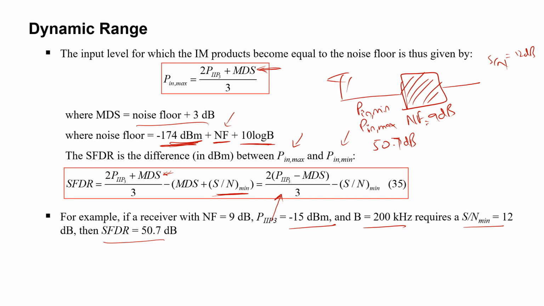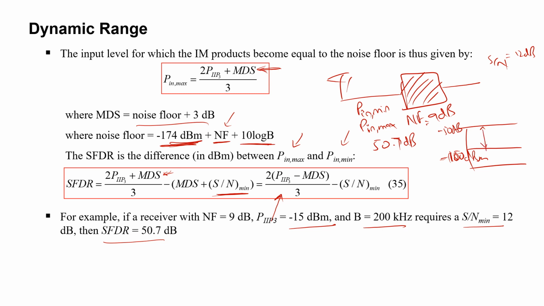So imagine our noise floor is at minus 150 dBm. Let's not make it minus 150, it's too low. Just imagine the minimum power level is at minus 100 dBm, then at minus 50 dBm the receiver will work nicely.